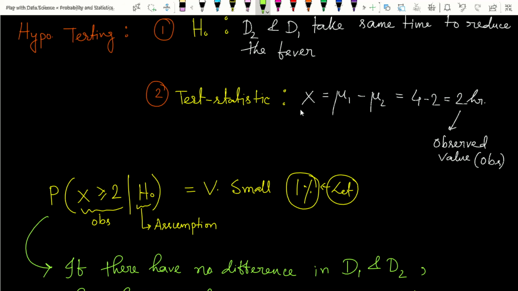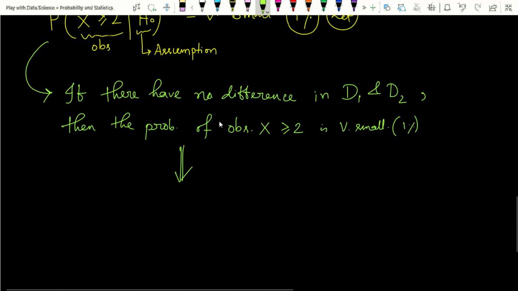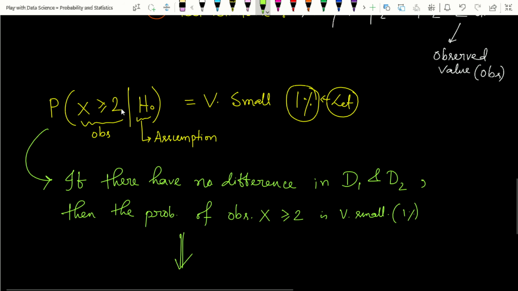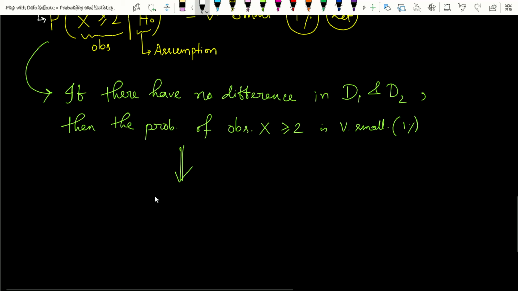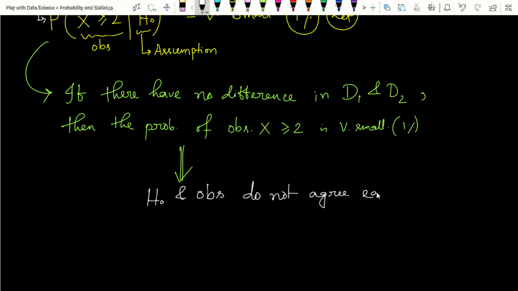On the basis of this very small p-value, our null hypothesis H0, our assumption, and our observations do not agree with each other.